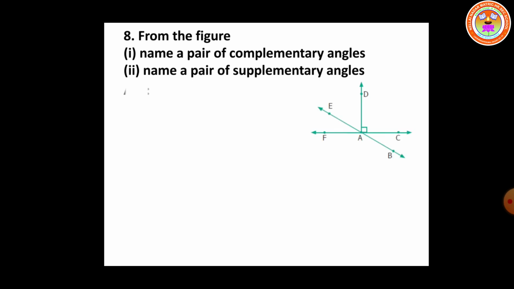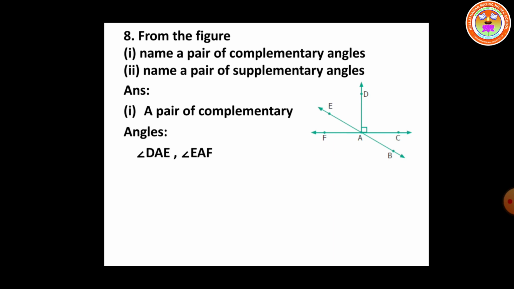First, a pair of complementary angles. That means 90 degree. If you consider the angle DAF is 90 degree, in between one ray is AE. So we can give the pair of angles DAE and EAF. Complementary angle name is angle DAE and angle EAF.